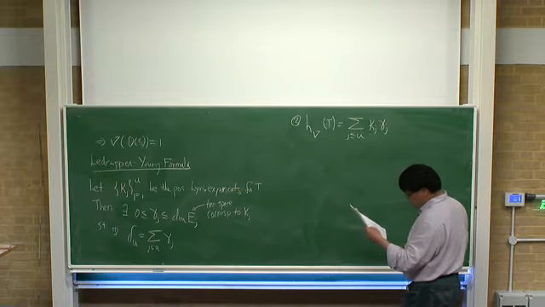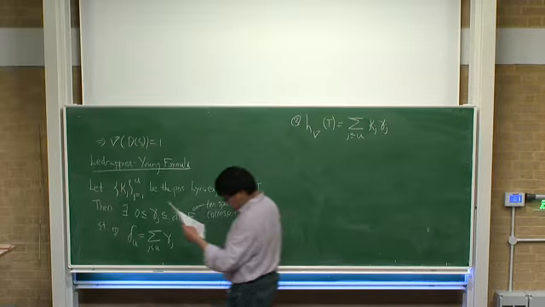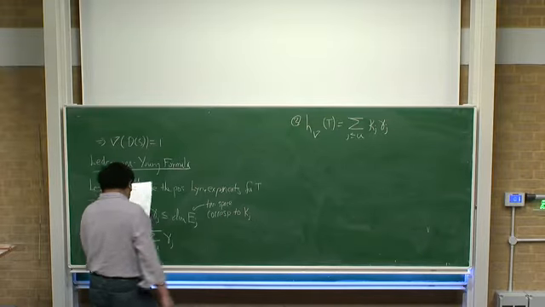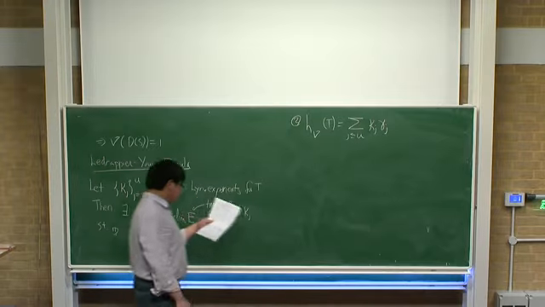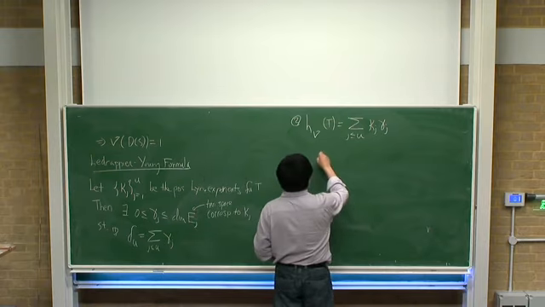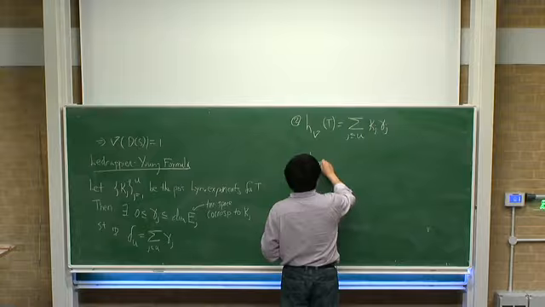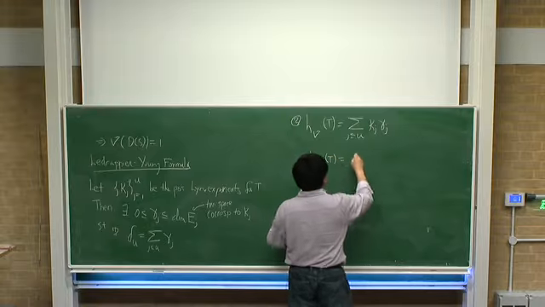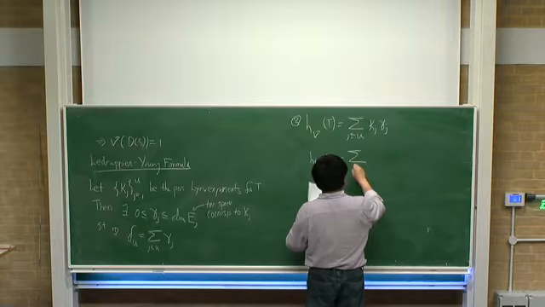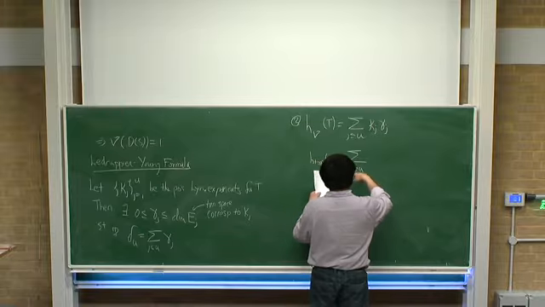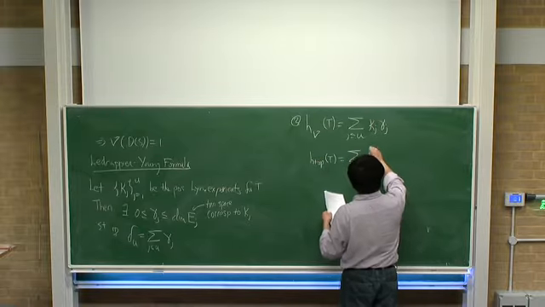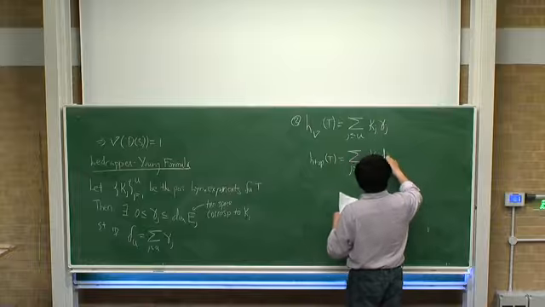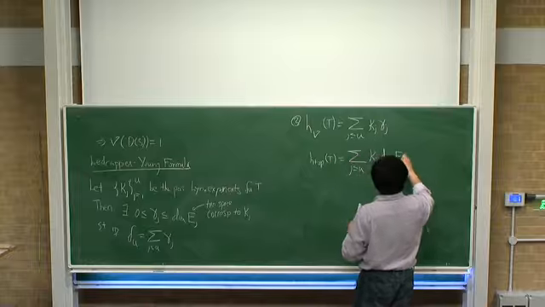What I want to notice now is that the topological entropy of the system is just equal to the sum up to u of the Lyapunov exponents times the dimension of E_j.